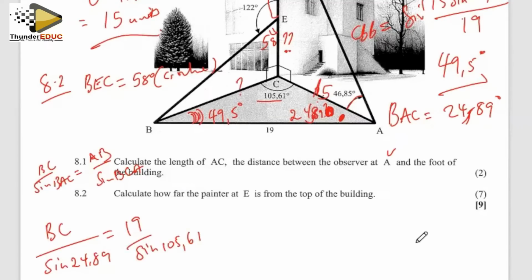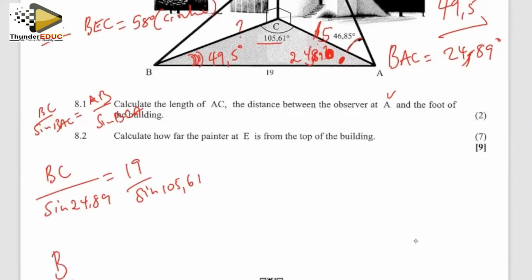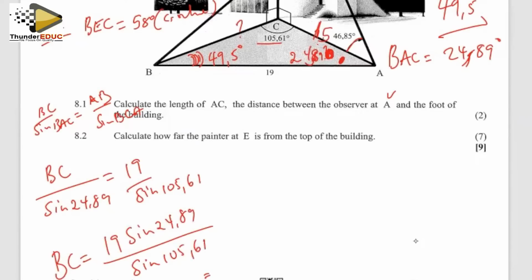Let's make BC the subject, which means BC is going to be 19 times the sine of 24,89 over the sine of 105,61. Okay, 19 times the sine of 24,89, dividing it by the sine of 105,61. That gives us 8,3 meters.